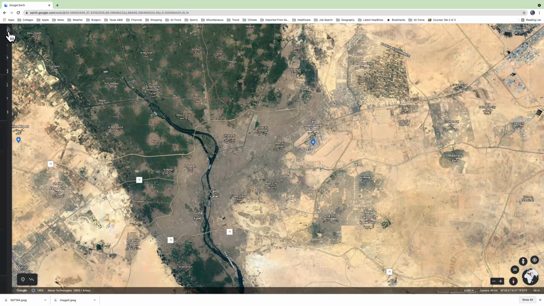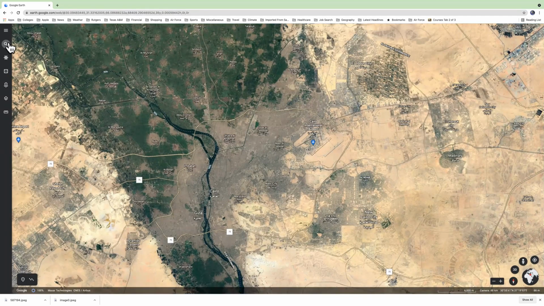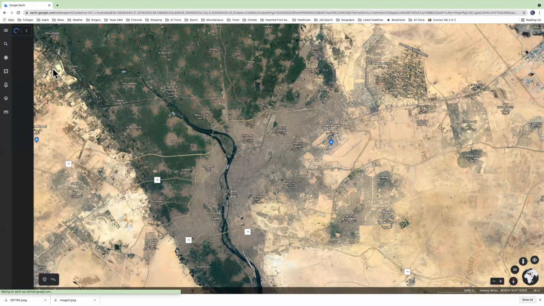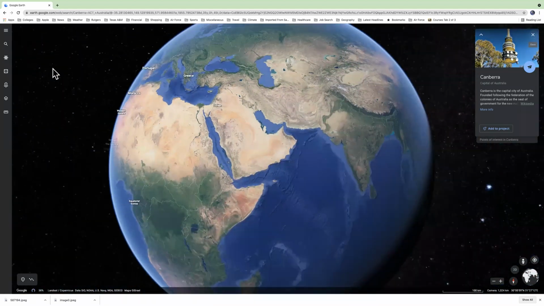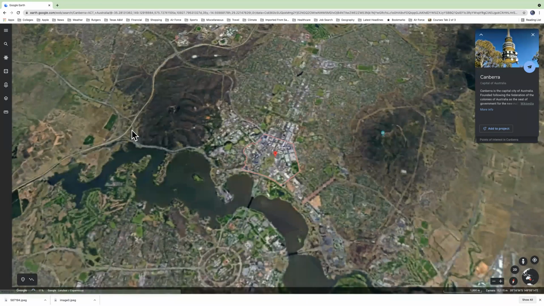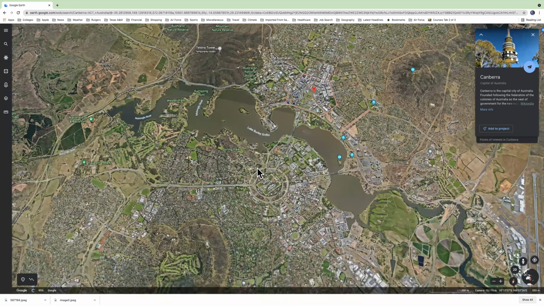There are other places, for example, Canberra in Australia. The capital of Australia. This is also an invented city.